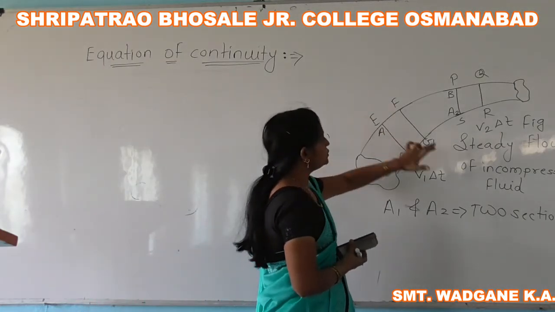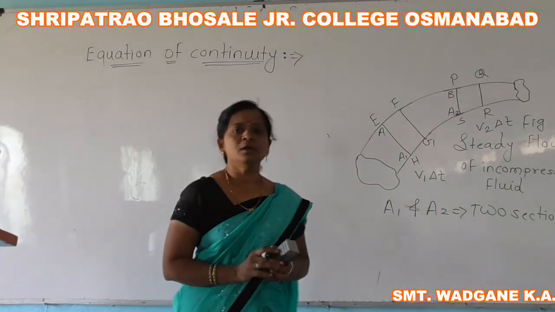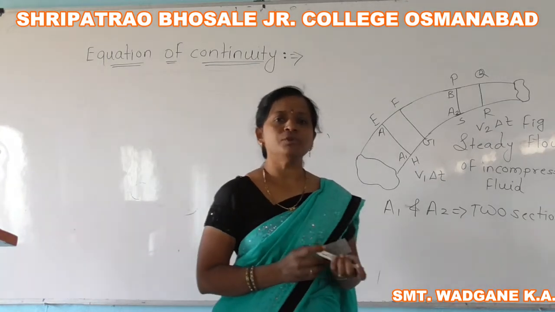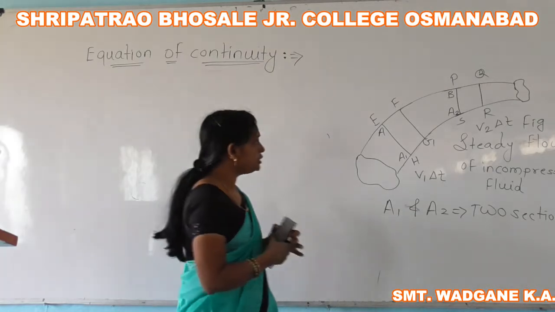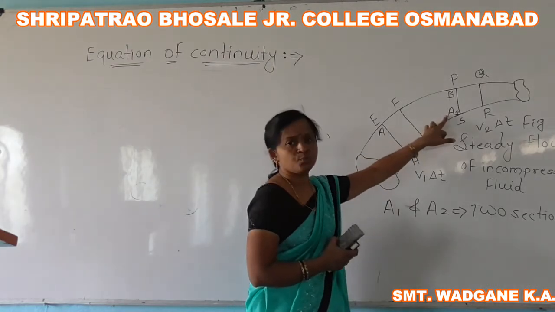Let us consider these two sections, E, F, G, H having area of cross section A1 and velocity v1, and the other section with A2.